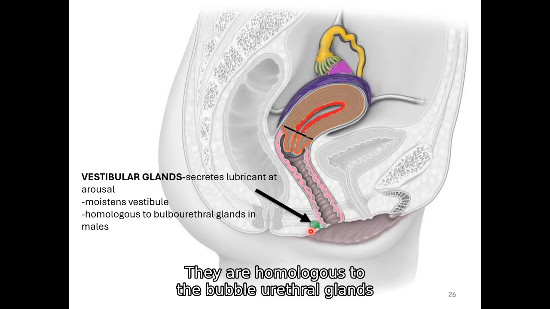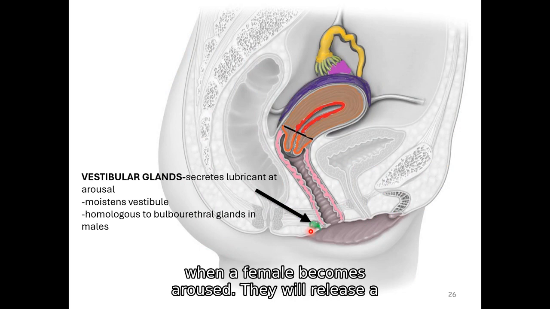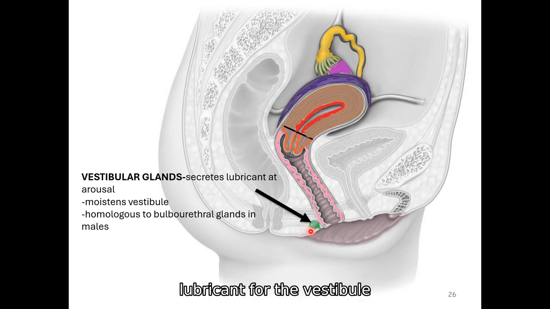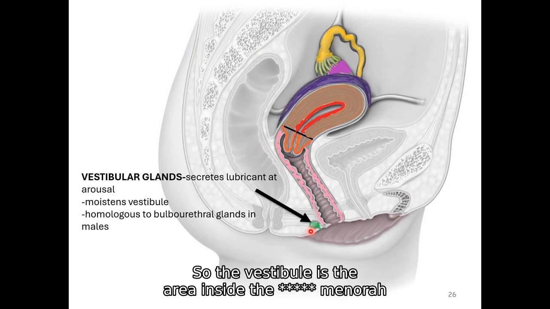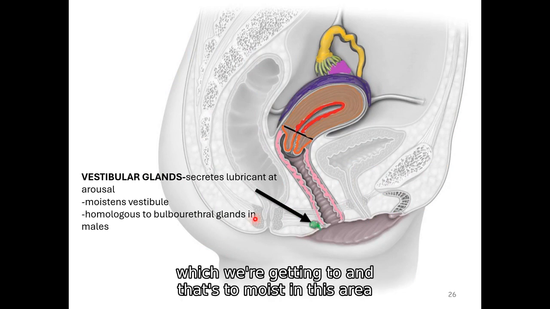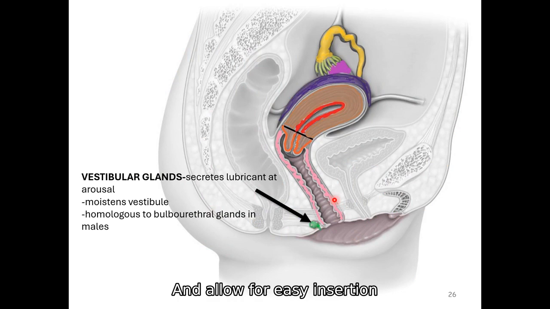They are homologous to the bulbourethral glands. When a female becomes aroused, they will release a slippery lubricant for the vestibule. So the vestibule is the area inside the labia minora, which we're getting to. And that's to moisten this area and allow for easy insertion.